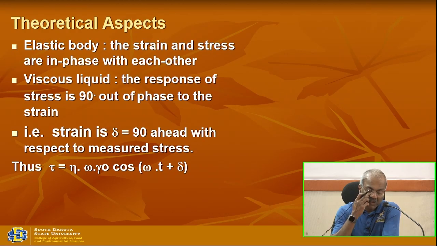So the strain is 90 degrees ahead with respect to measured stress. So if you substitute that information here, the shear stress is equal to viscosity times angular velocity times the maximum strain, cosine of omega t plus phase angle.